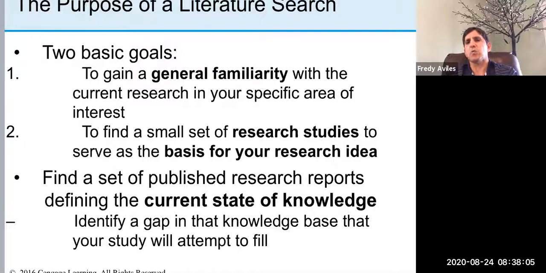Like 60% are women, even at our college here. More women are going to college than men. So there's more women, and then as you go to the higher levels where the research is done, there's more white people. So it's going to be mostly white women who are the participants in a lot of these research studies. Okay, so there might be an opportunity there to look at research from the perspective of more diverse populations.